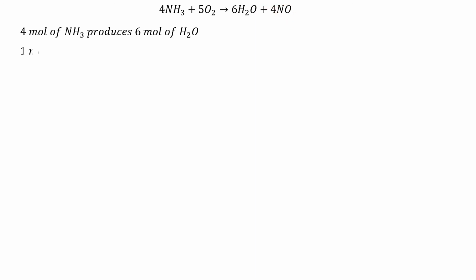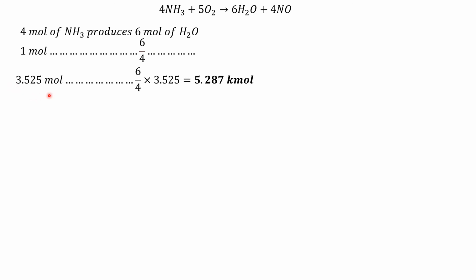So we can write 1 mole of NH3 produces 6 by 4 mole of H2O, and 3.525 is the reacted moles of NH3. So this much mole will produce 5.287 kilomole of water.